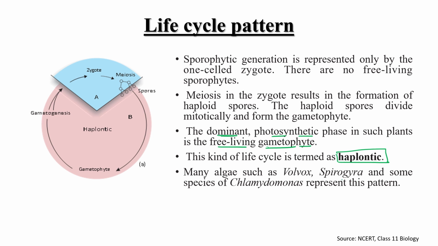What are the examples? Many types of algae come under this pattern, like Volvox, Spirogyra, Chlamydomonas. They all follow this type of life pattern, haplontic. The main phase is the gametophytic phase, which is obviously haploid in nature.